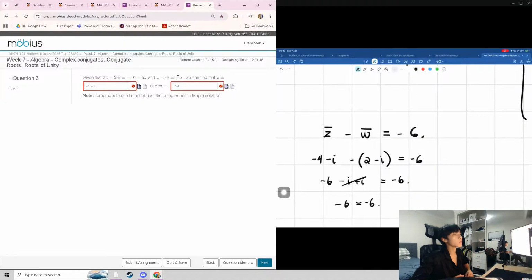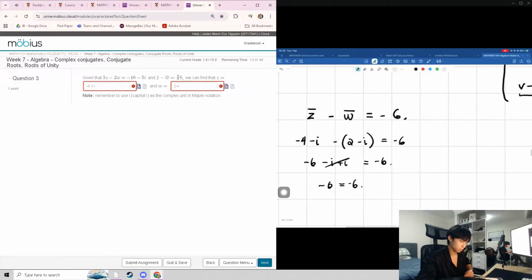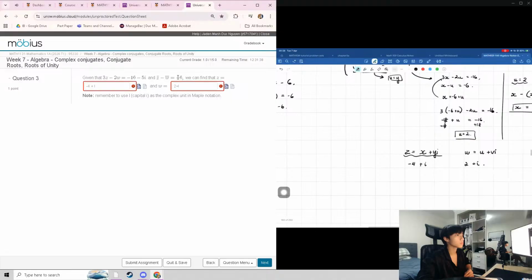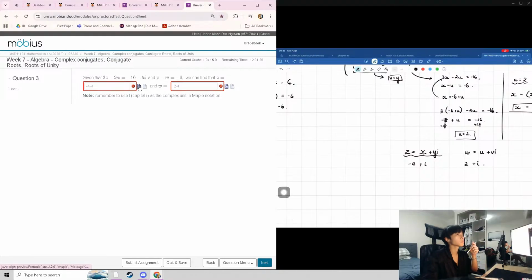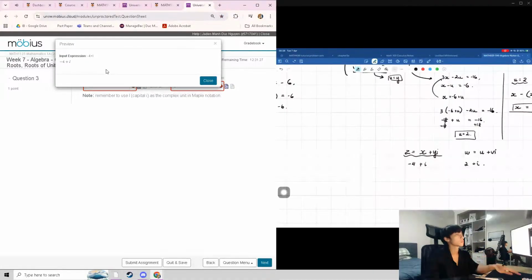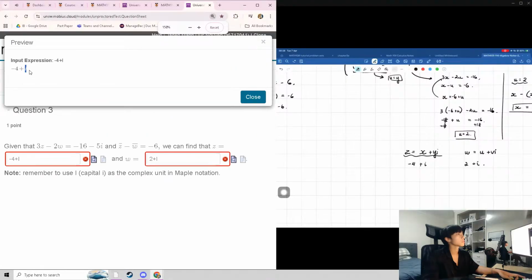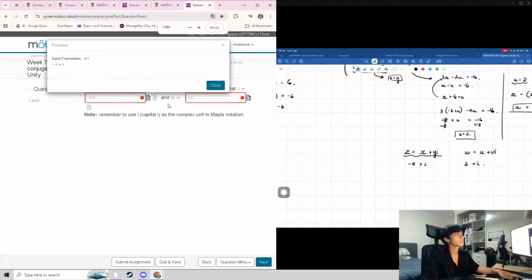Right, that looks right. Yeah, that looks right.